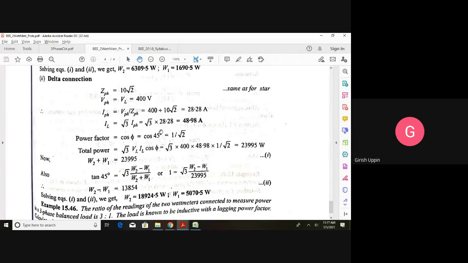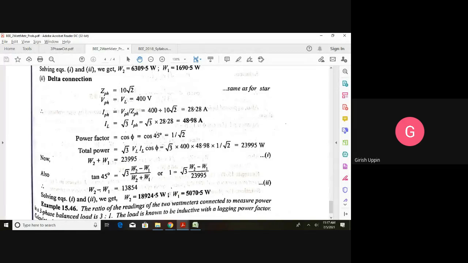Once we have the phase current, in case of a delta, line current is equal to root 3 times the phase current. IL is equal to root 3 into 28.28, which is 48.98 amperes. And the power factor is cos phi, that is cos 45 degrees.